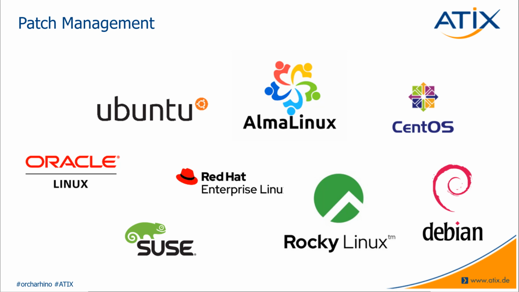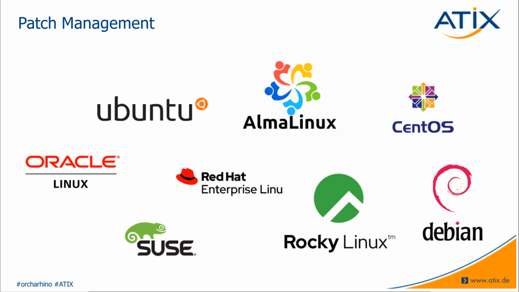The other thing, which is even more important, is the patch management. You want to have an overview what updates are available for your operating systems, which of those updates are considered as security updates and are important. And you want to do this for all those operating systems which are available in your infrastructure.